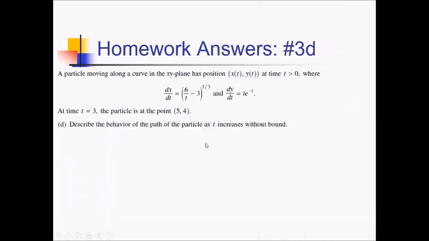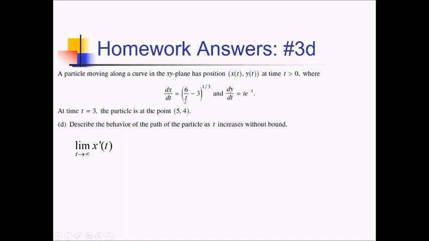For this last part of the problem, they want us to describe the behavior of the path of the particle as t increases without bound. So we basically need to take the limit as t approaches infinity of each of these motion derivatives. Let me do dx dt first. So we're doing x prime of t now. As t approaches infinity, this 6 over t term is going to 0.